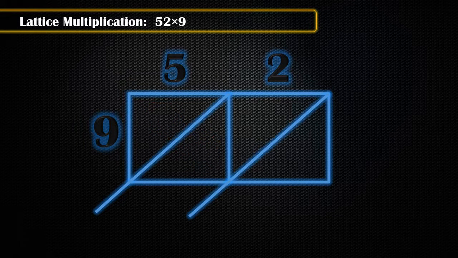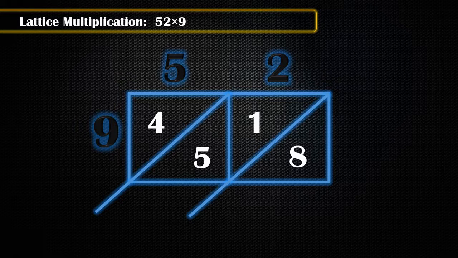So the first thing we're gonna multiply is 5 and 9. 5 multiplied by 9 is 45, and now 9 multiplied by 2 is 18. And this is why it's important to have these lines right here, because they will help us with putting the answer at the end.